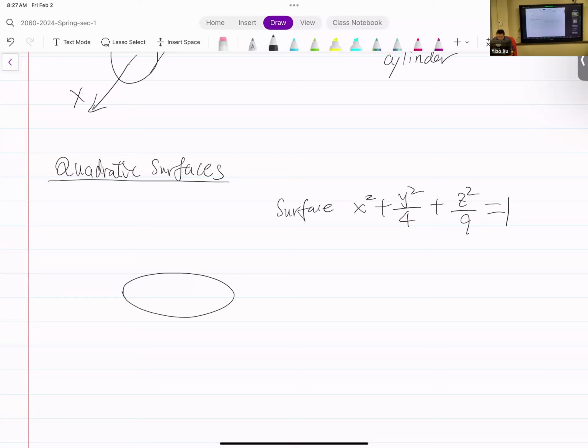But if you make x equal to 0, you will have a vertical one. To simply describe what I'm trying to sketch, you can say it's a football shape.